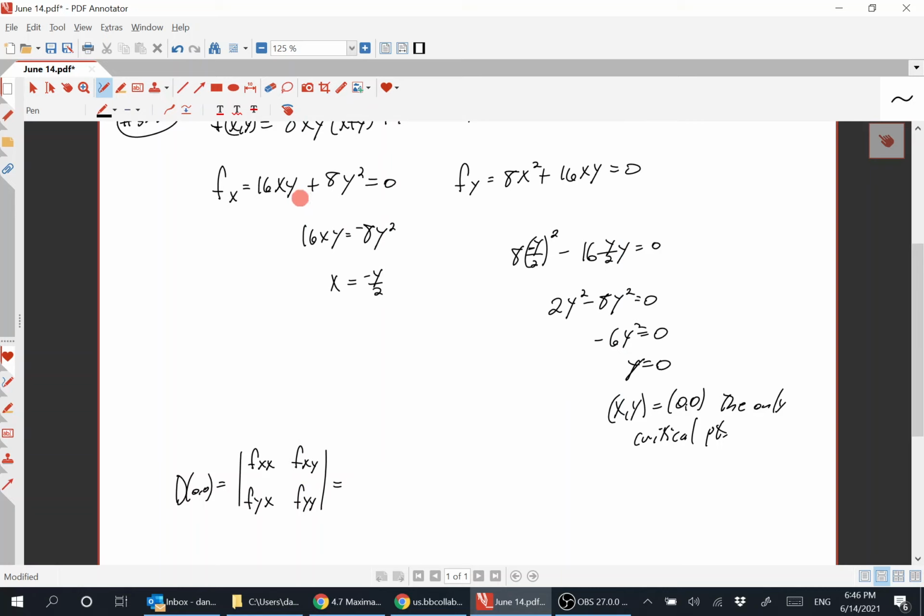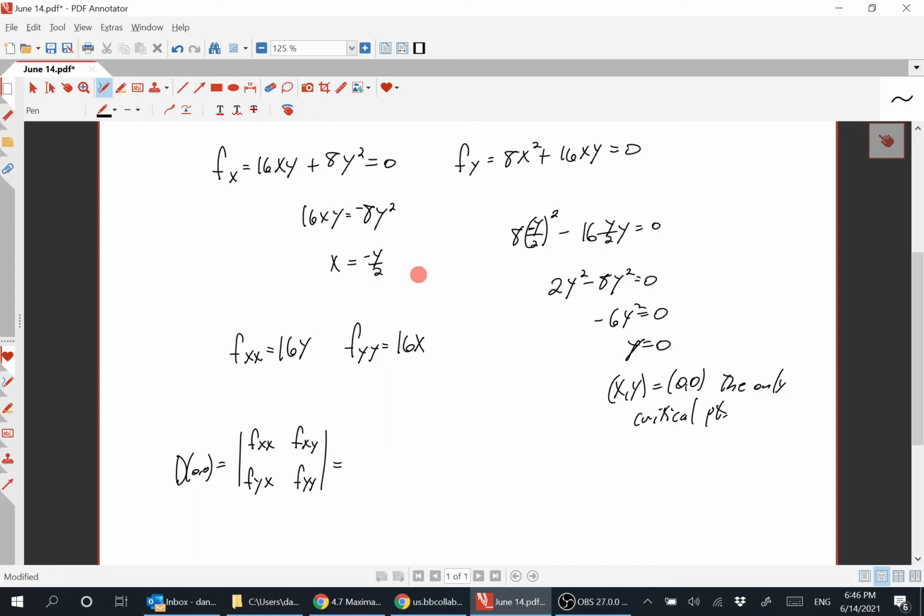Well, x and y are both equal to 0, right? So when I take the second derivative here, what's fxx going to be? Fxx is going to be 16y. Fyy is going to be 16x. And then fxy, so here's fx, derivative with respect to y, is 16x plus 16y.